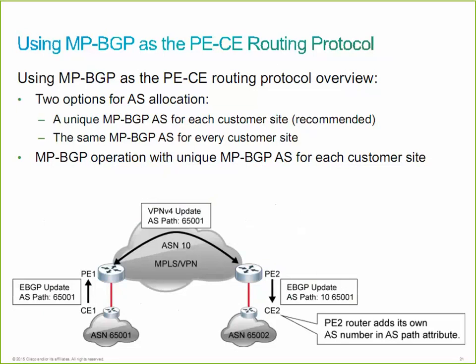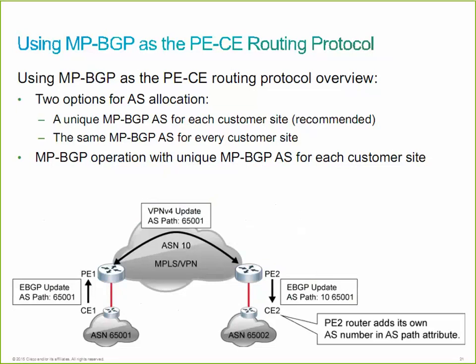There is an advantage to allocating a unique autonomous system per site, and it's one of the reasons why we tend to do this in our deployments. By having a unique autonomous system per site, we can identify the originator of the route based on that autonomous system number, right? All we have to do is check the AS path attribute for the origin of that MPBGP autonomous system number, all right? Kind of makes it easier to troubleshoot.